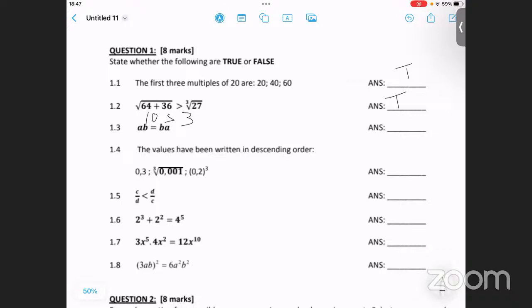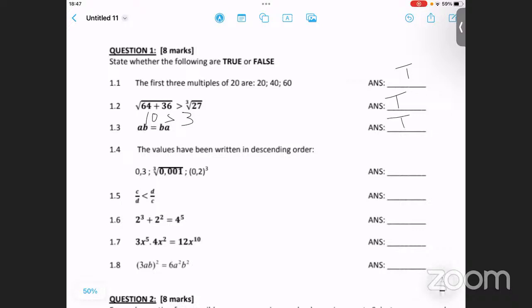It's true, ma'am. Why are you saying it's true? Because if you multiply any number, the number's position doesn't matter because it's still going to give you the same answer. Perfect.